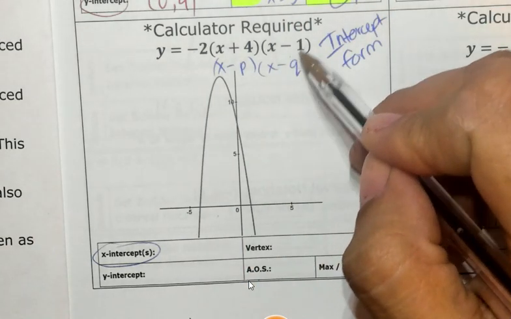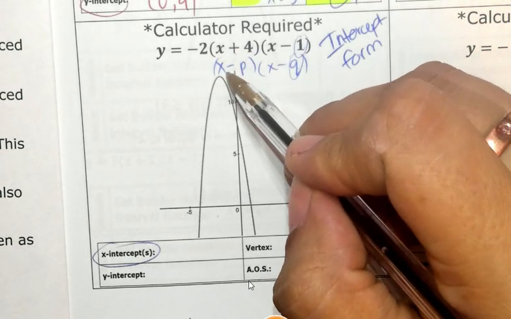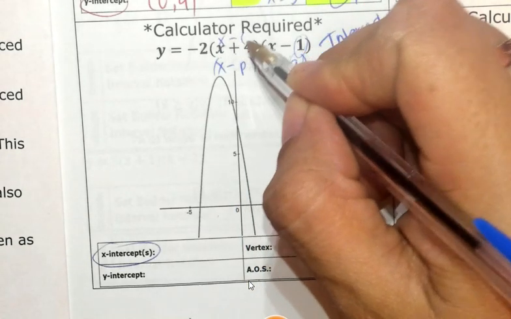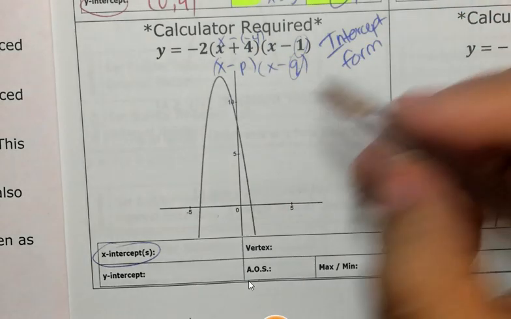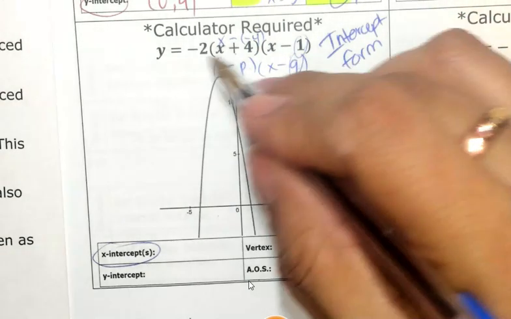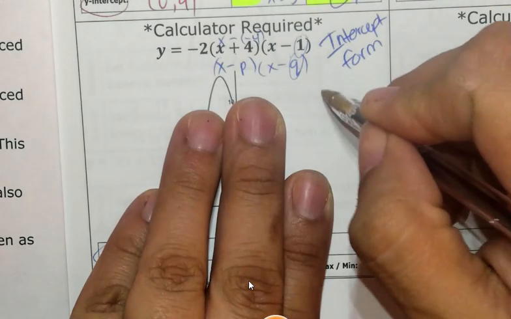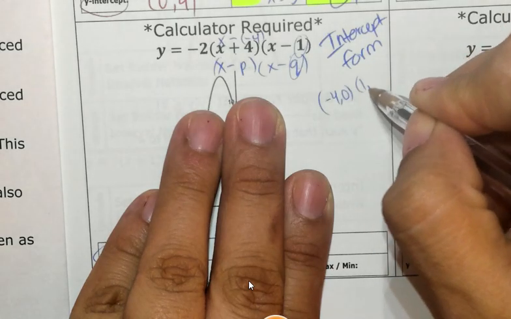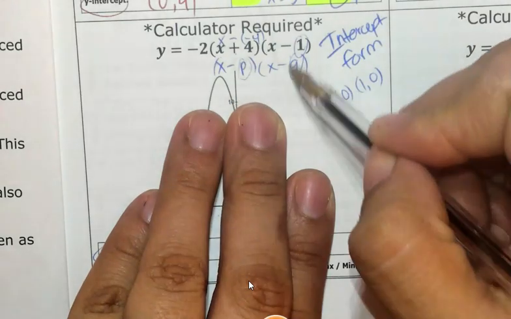X minus q is there, so 1 is your q. X plus 4 is similar to x minus p, so that means we have x minus a -4, and -4 will be your p. So according to this, just by looking without looking at the graph, we can say that the x-intercepts are -4, 0 and 1, 0, just by looking at those p and q values.